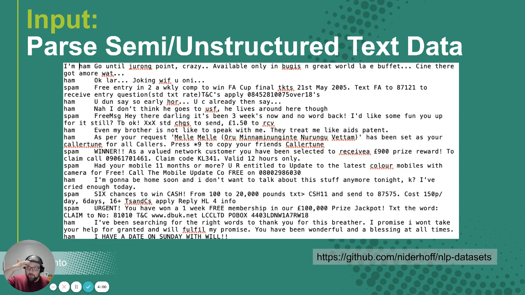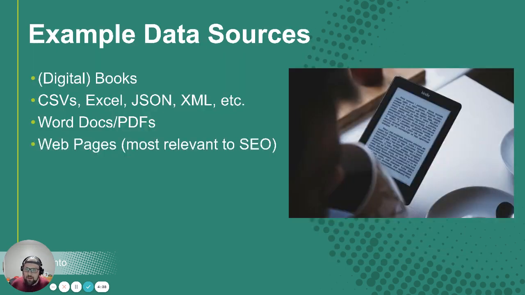For NLP, we're going to take an input, and that's going to be parsing some sort of semi-structured or completely unstructured text data. For example, there's a ton of basic NLP data sets available on GitHub if you're just looking to play around. So this is completely unstructured. We would use that text and output it into something a little bit more manageable, and then try to derive some meaning from that text.